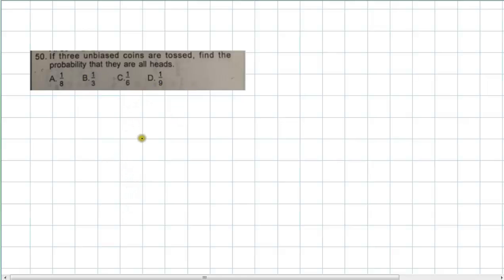What can you get? Well, you can get tails, tails, tails, or you can get tails, heads, tails, or you can get tails, heads, heads, or you can have all 3 be heads. Sorry, I should be separating this better.